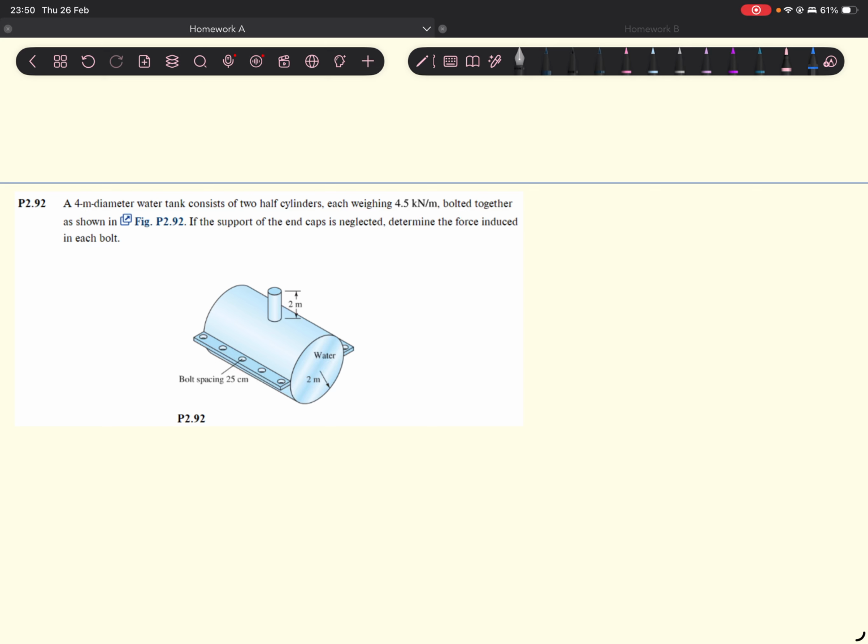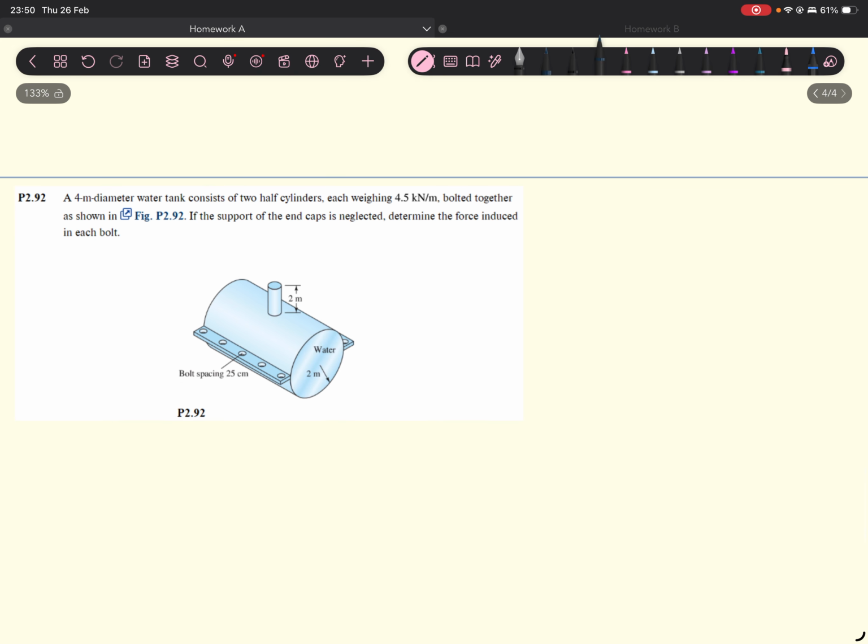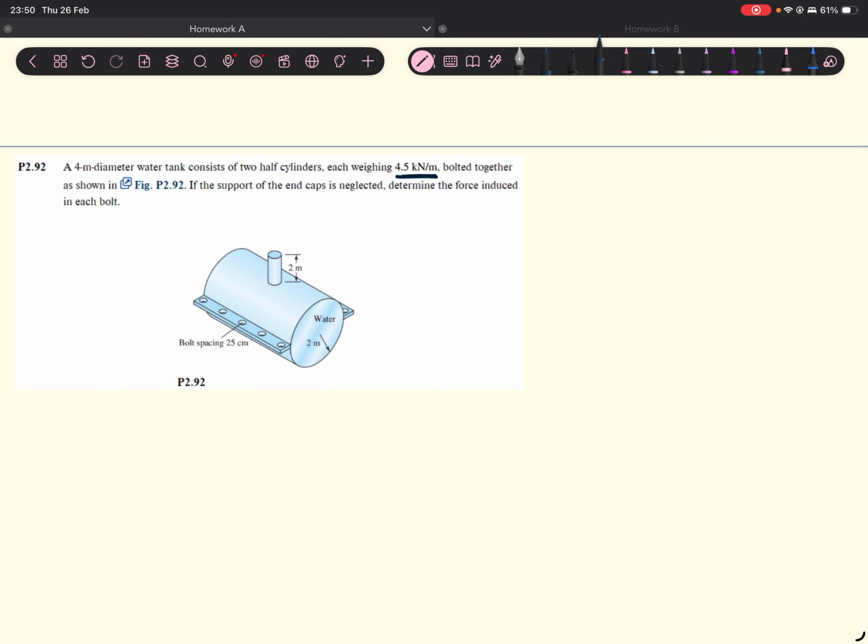Okay, so in this question, we are given a 4-meter diameter water tank that consists of two half cylinders, each weighing 4.5 kilonewtons per meter.